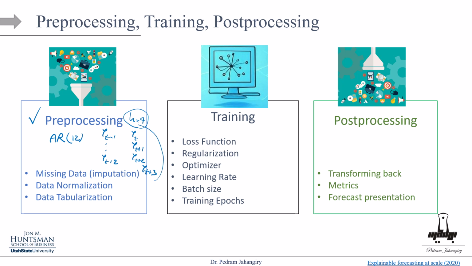If there is one missing observation, then you have to drop 16 observations, because that value is going to show up 16 times: you have 12 lags and then 4 steps of forecasting horizon. So you need to drop 16 observations for each missing value, which is very problematic.